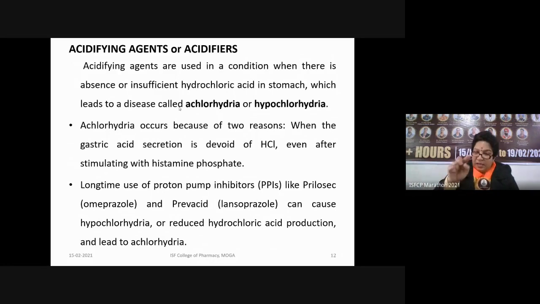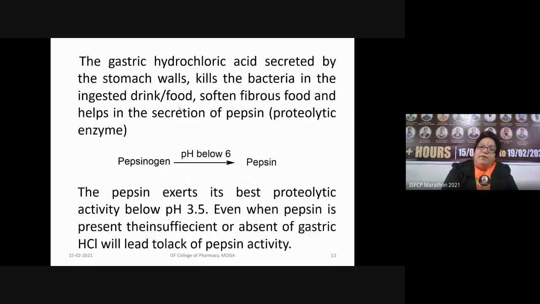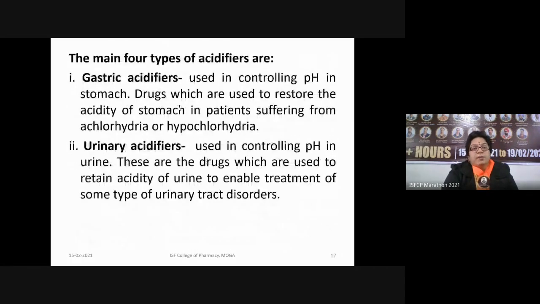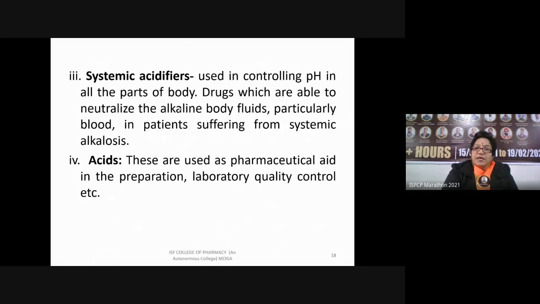Until now I have discussed the acidifying agents or acidifiers. They are used in the conditions of achlorhydria or hypochlorhydria. How they are used, in what proportion or dose, and what are the basic uses of these agents. We have also learnt about gastric acidifiers, urinary acidifiers, systemic acidifiers, and various types of acids.